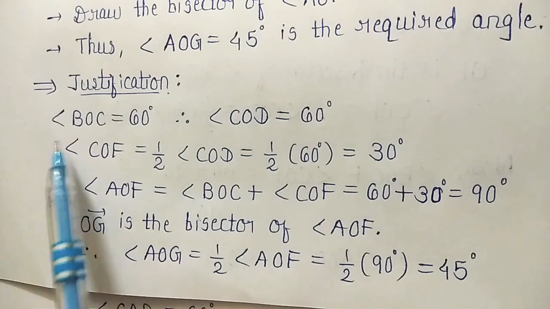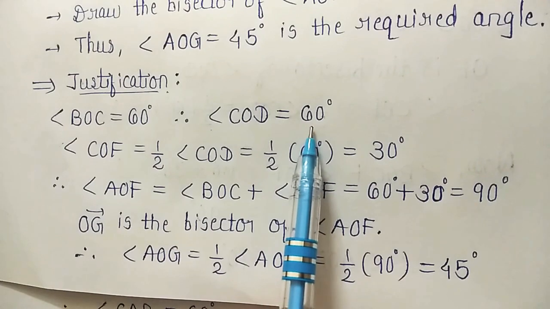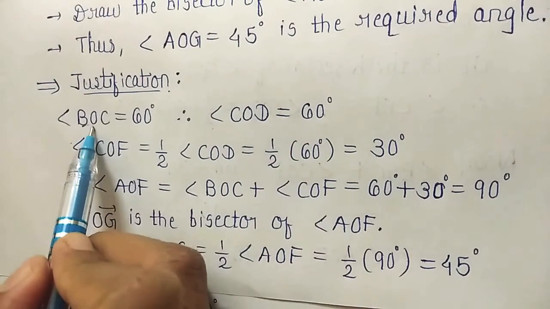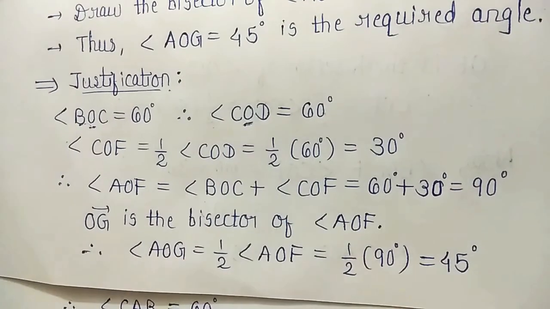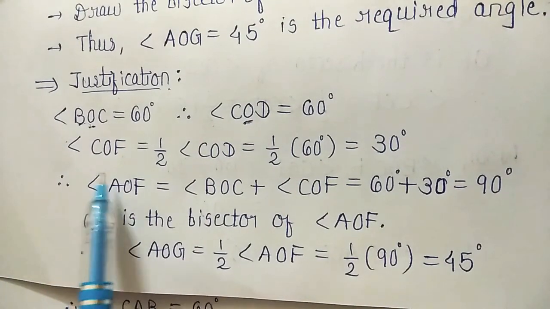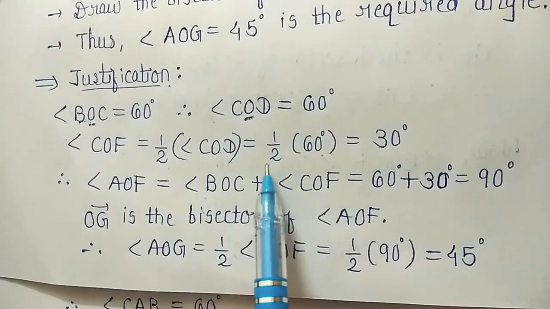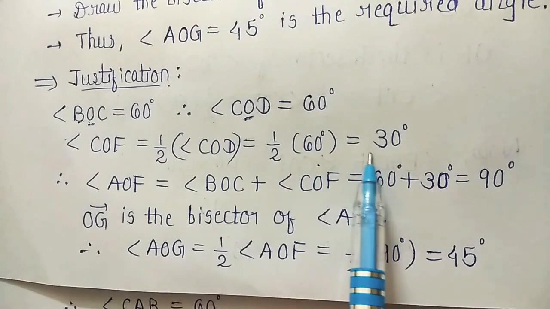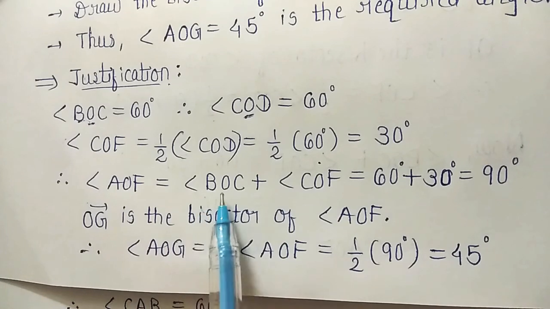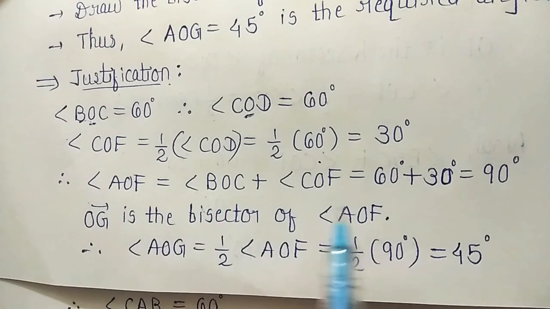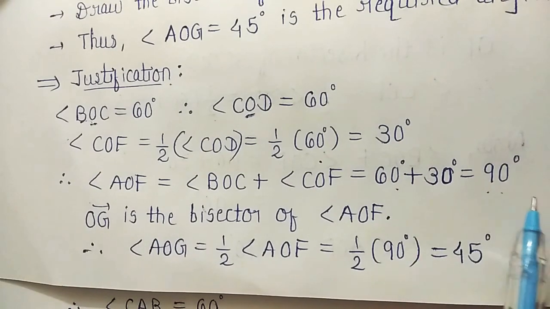Justification. Angle BOC is 60 degree. Therefore, angle COD is equal to 60 degree because both the angles are made by keeping the same center C and with the same radius. Angle COF is half of angle COD, that is equal to half of 60 degree, which is equal to 30 degree. Now angle AOF is angle BOC plus angle COF, that is 60 degree plus 30 degree is equal to 90 degree.